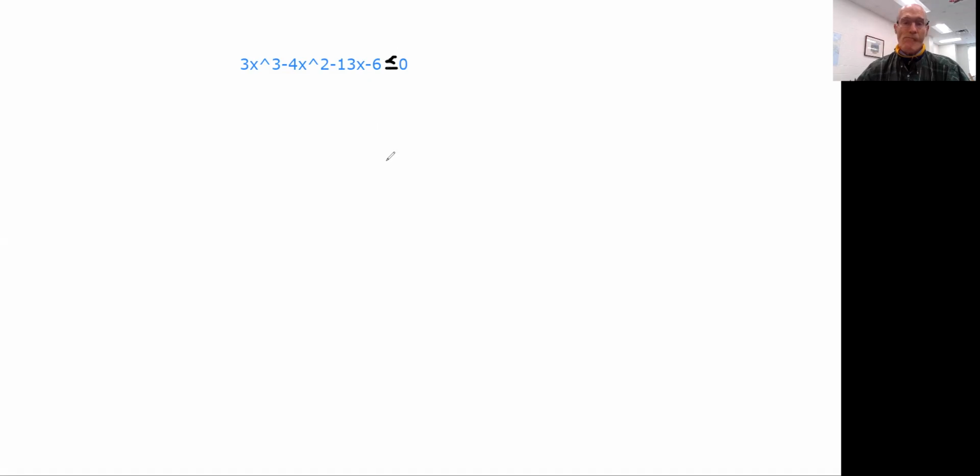Now, if I factor this down using my synthetic division, and when you try to do that, if you plot this graph on your calculator, you can find the numbers to use for synthetic division, but I will get a set of linear factors, which are x plus 1 times 3x plus 2 times x minus 3.